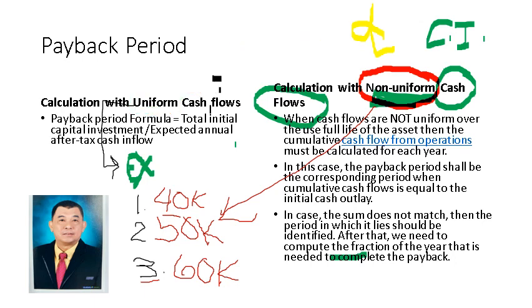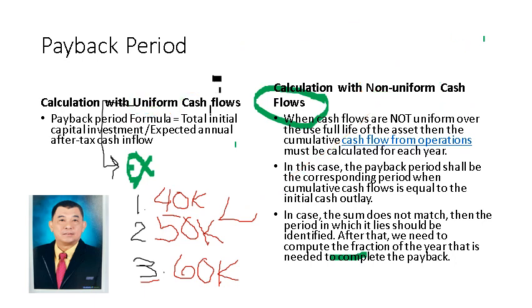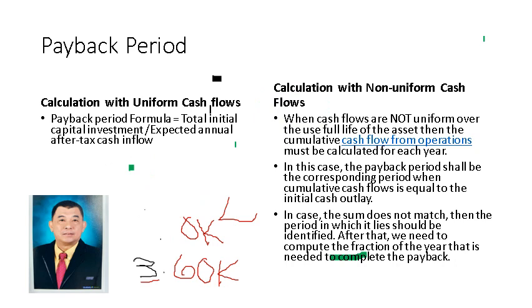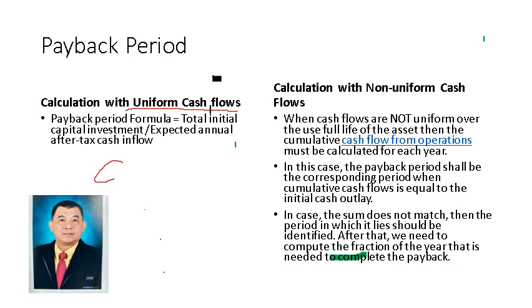Let us erase the notes and let us try to get the formula for a payback period for uniform cash flow. The payback period formula is equal to the total initial capital investment, which is cash outflow. That's your initial investment. So therefore, since it's an investment, it will be negative.